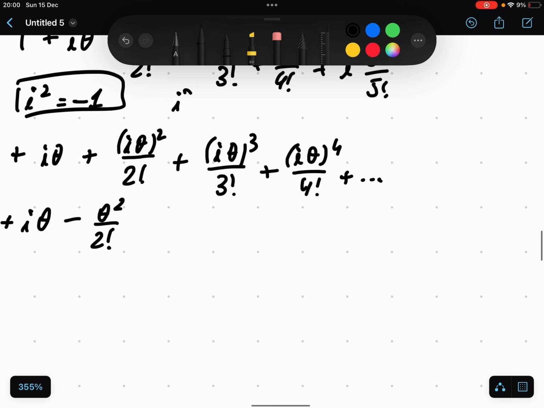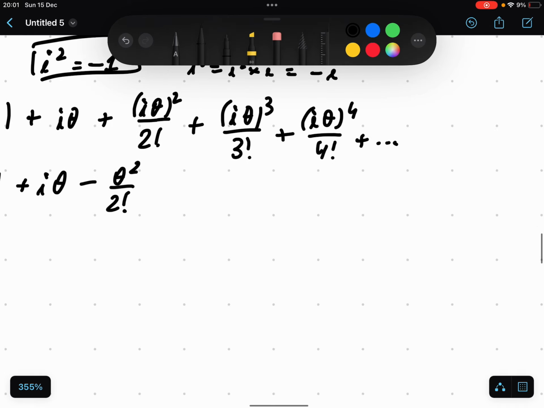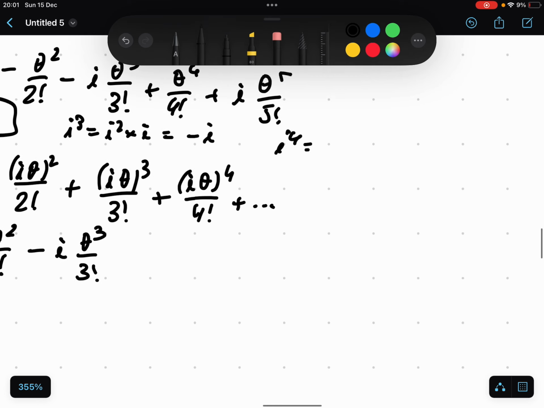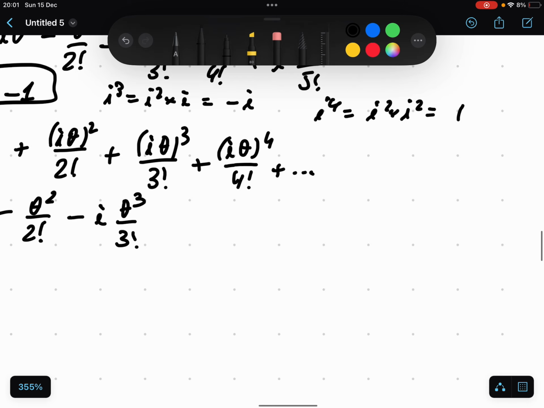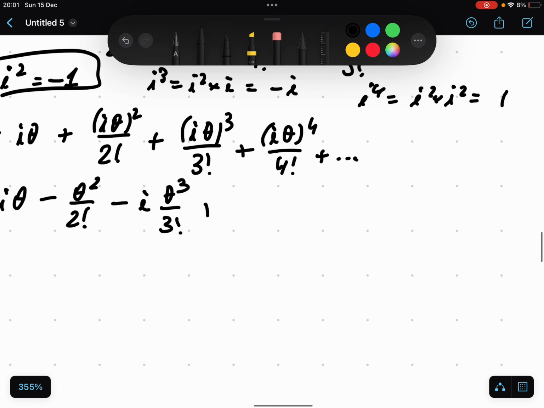Well, i cubed is just i squared times i, which is equal to negative i. So we can rewrite this as negative i theta cubed over 3 factorial. i to the 4 is taking i squared times i squared, which is 1, because we did negative 1 times negative 1, which is just 1. So we're left with plus theta to the 4 over 4 factorial.